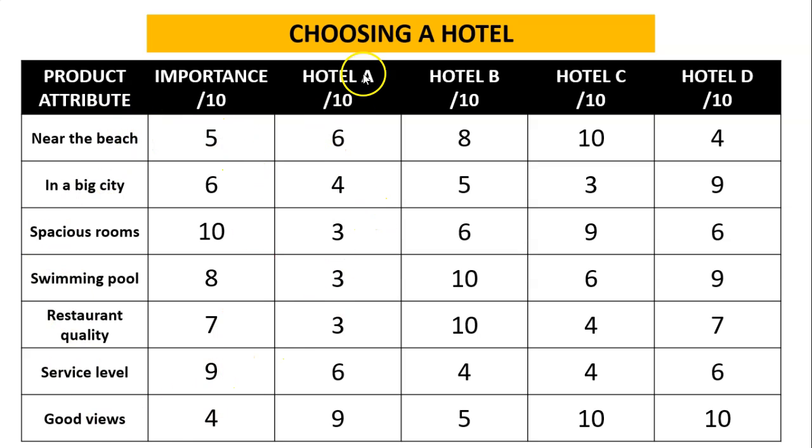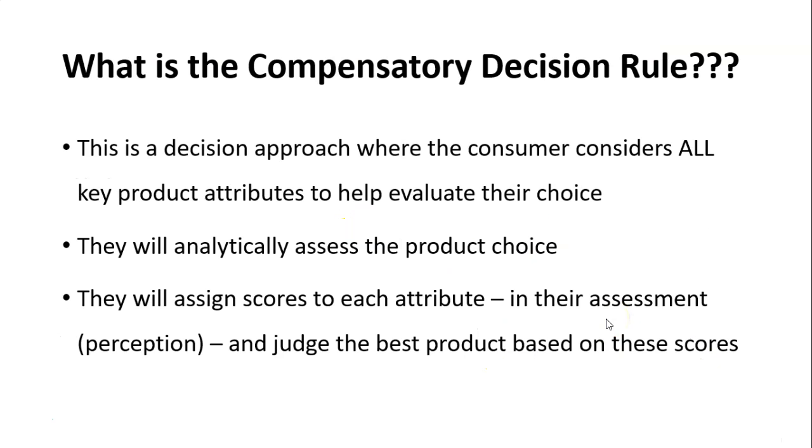And over here we have scored in our own mind the various hotels, and we've given a score out of 10. So 10 out of 10 is perfect, 3 and 4s out of 10 is not so good. Okay, so when using the compensatory decision rule, we're going to consider all the key attributes, and we're going to weight them accordingly. It's a very analytical approach, and I'll show you how we do that.